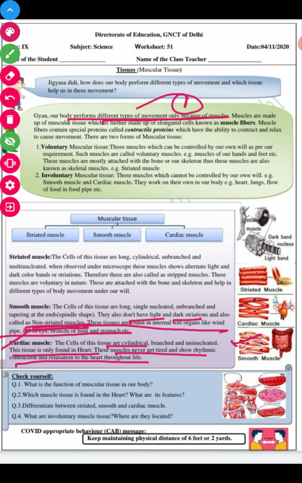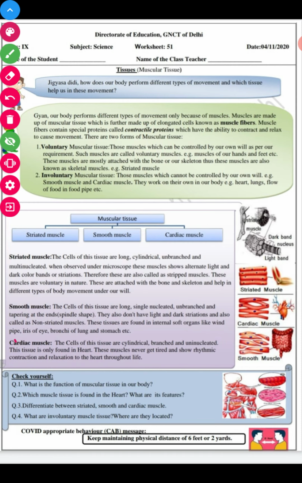Which muscle tissue is found in the heart? What is its feature? Cardiac tissue. So you can write the answer: cardiac muscle fiber is present in the heart and it works with non-stop contraction and relaxation. You can write the complete answer from here.